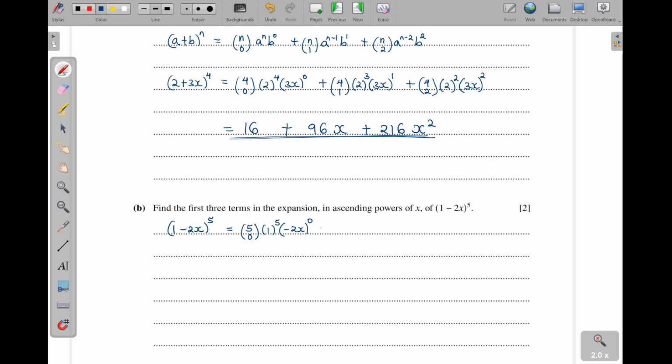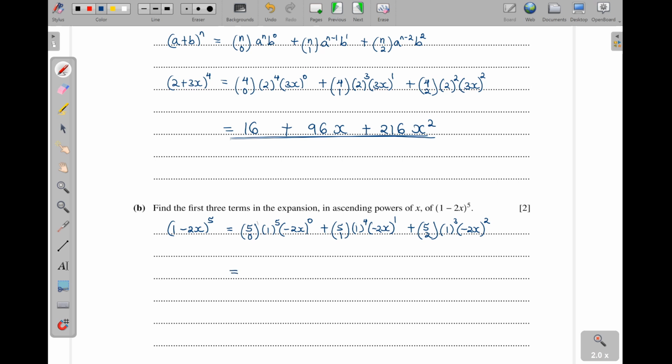So we shall have 5 combination 1, and then 1 here to the power of 4, then negative 2x to the power of 1. Remember, when you add these powers, they give you this one here. Then plus 5 combination 2, and then 1 to the power 3, and then negative 2x to the power of 2.